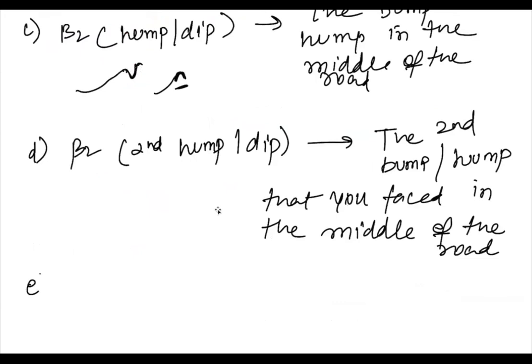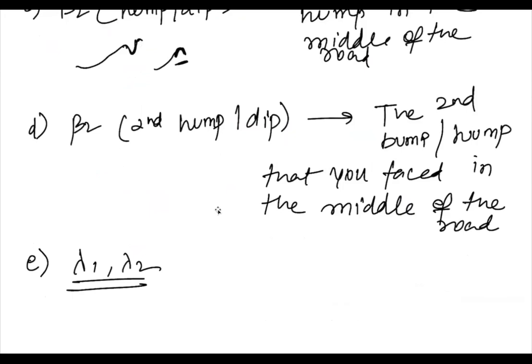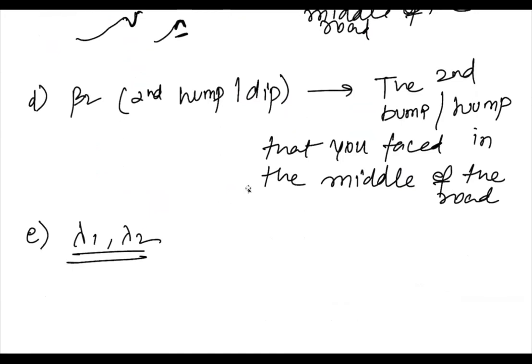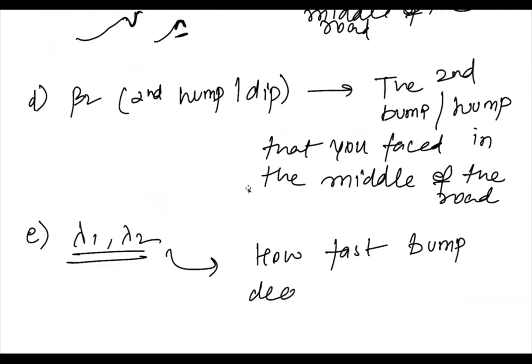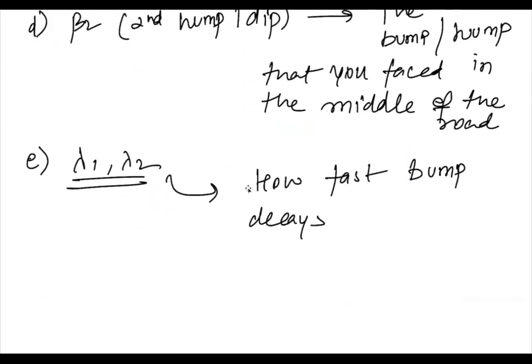And the last piece, which is lambda 1 and lambda 2, is nothing but how fast the bump decays. Sometimes the bump will be small, sometimes it will be big, so it depends on how fast it decays.